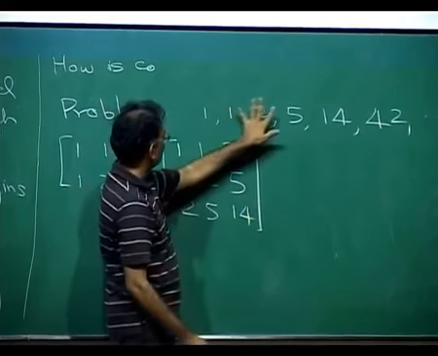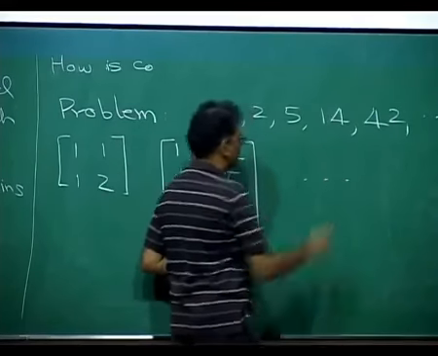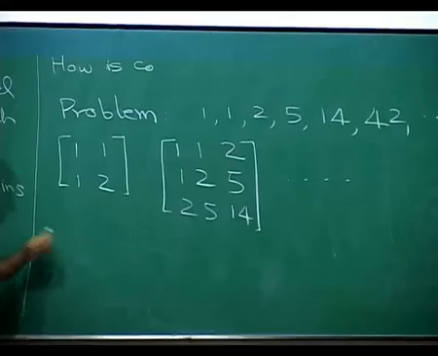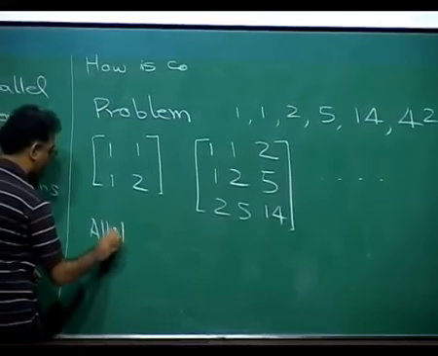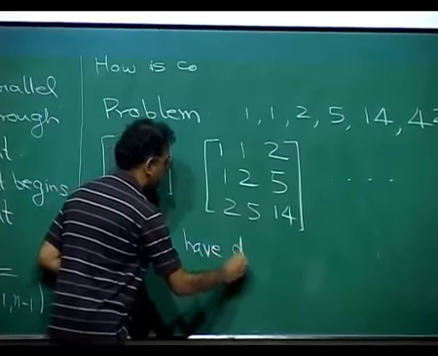The first 3, the next 3, the next 3. In this way you form a whole set of matrices. And the problem is, all these matrices have determinant 1.